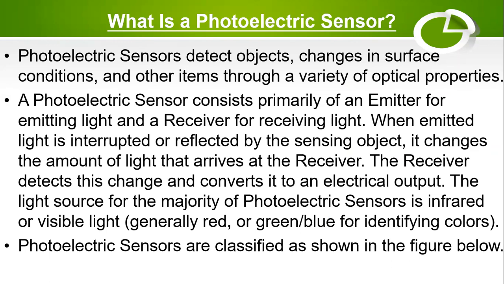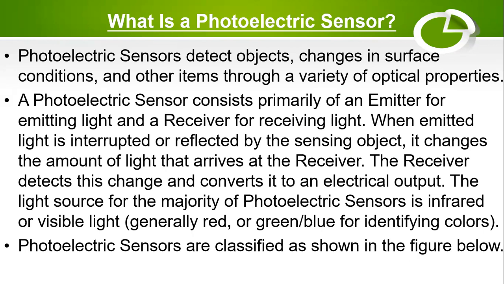A photoelectric sensor consists primarily of an emitter for emitting light and a receiver for receiving light. When the emitter light is interrupted or reflected by the sensing object, it changes the amount of light received at the receiver. The receiver detects this change and converts it to an electrical output.